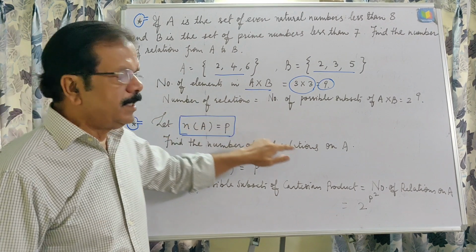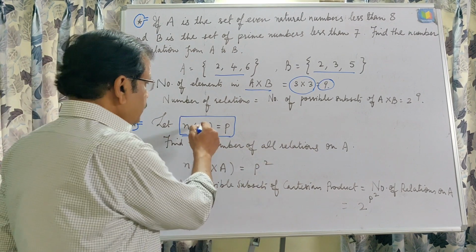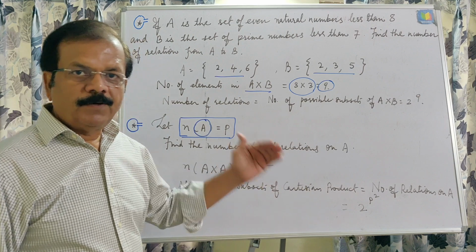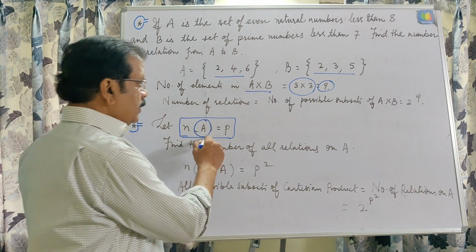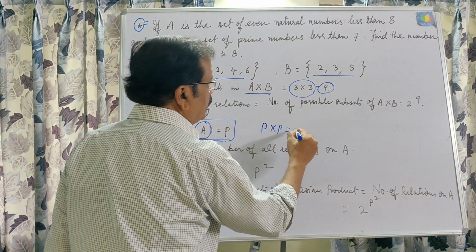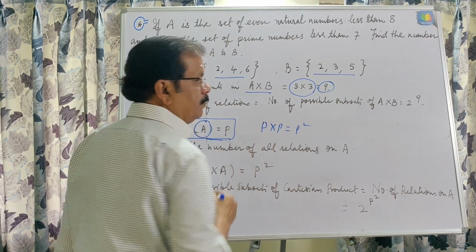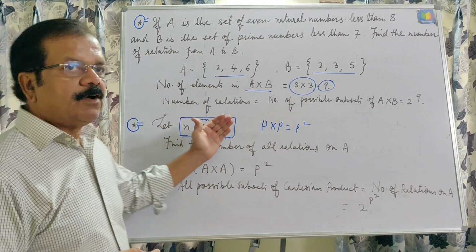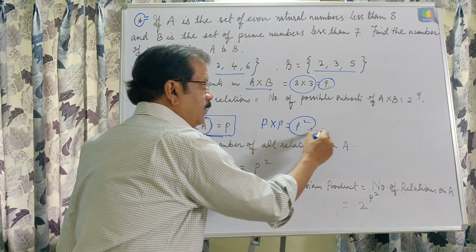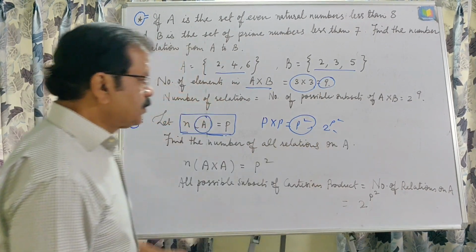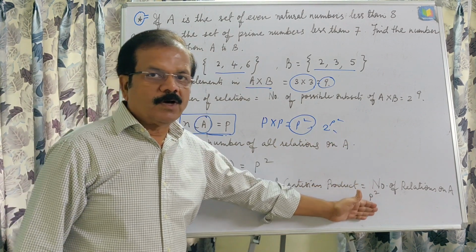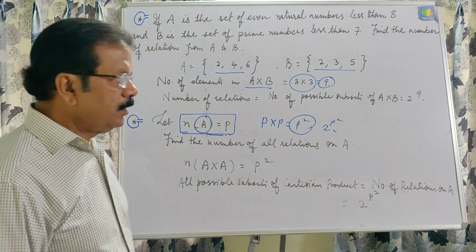Find the number of all relations on A. Again, this cardinal number is P. Before finding the relations, we should write the Cartesian product, and the number of elements in that Cartesian product will be P multiplied by P, that is P square, because we are defining relations on A itself, and this way all possible subsets of this will be 2 to the power P square, and obviously these possible subsets define the number of relations, which comes to 2 to the power P square.